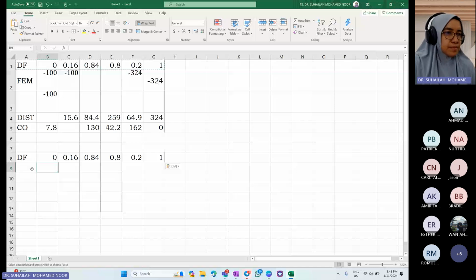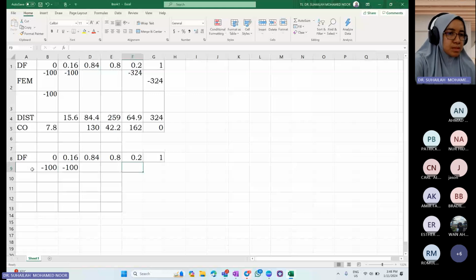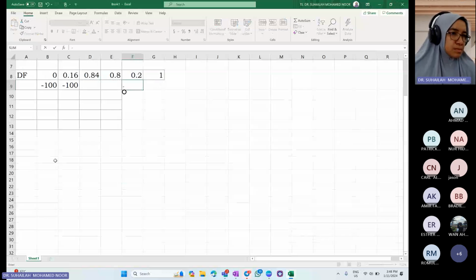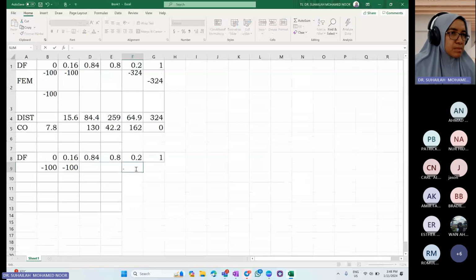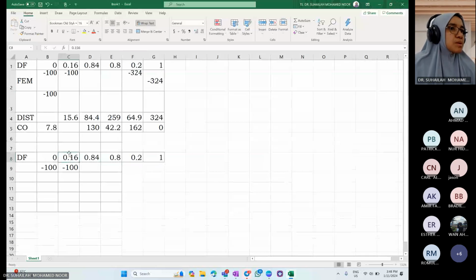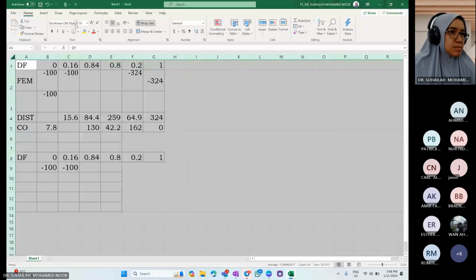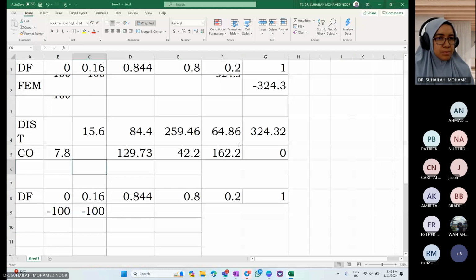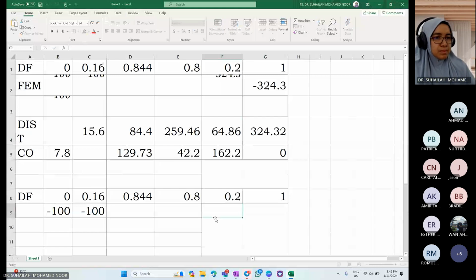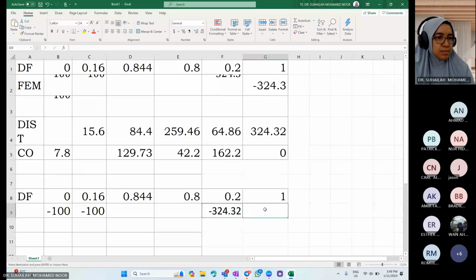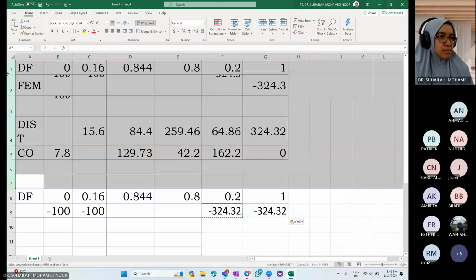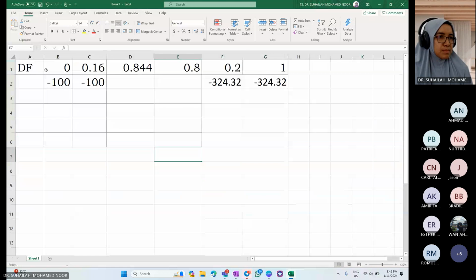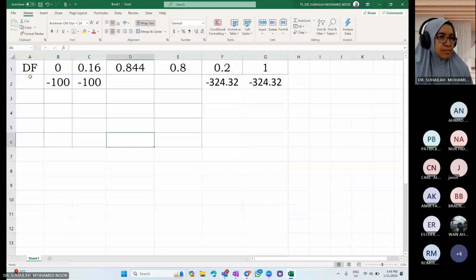SPM sini negative 100. Negative 324. Ini FEM.